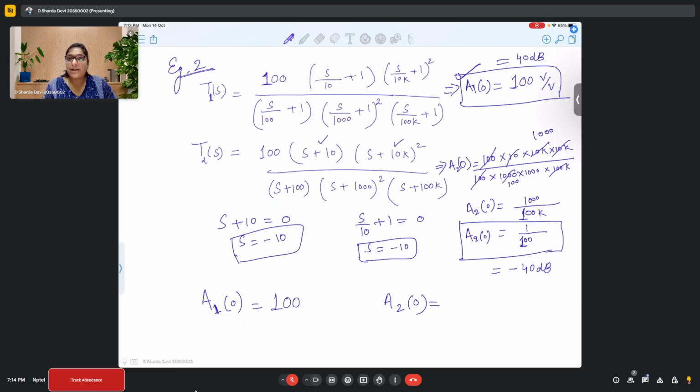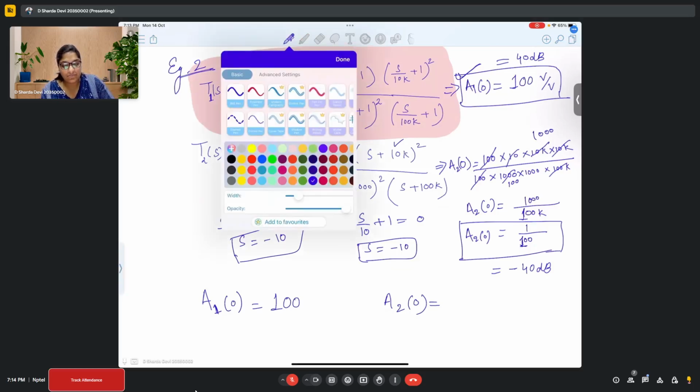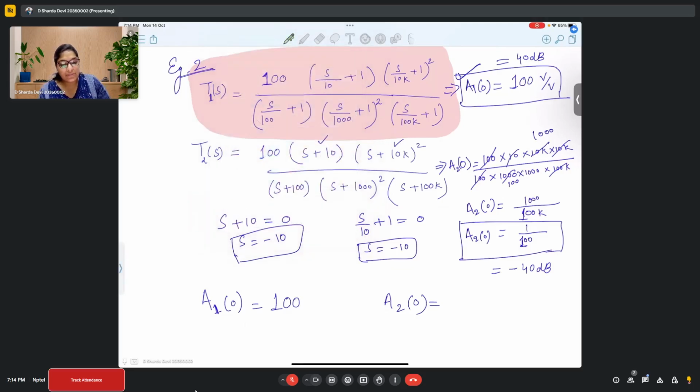It is very important to analyze your circuit and to analyze your transfer function. And the best practice is to bring your transfer function to this format. Why I suggest you bring your transfer function to this format is because from here you can clearly see your DC gain. You don't have to compute this much.